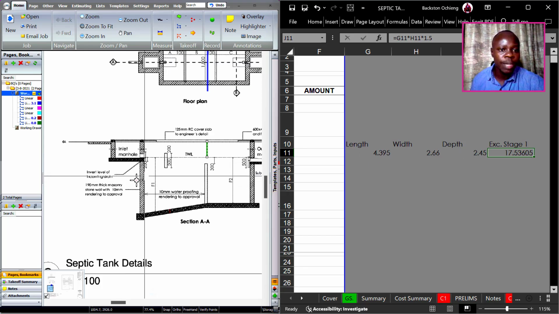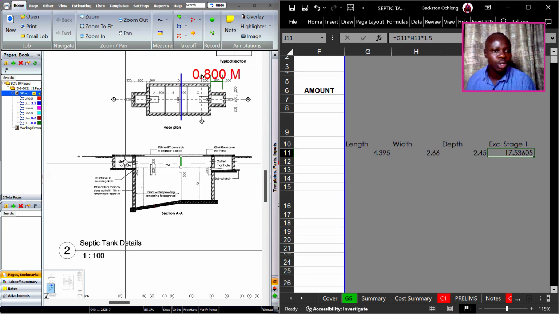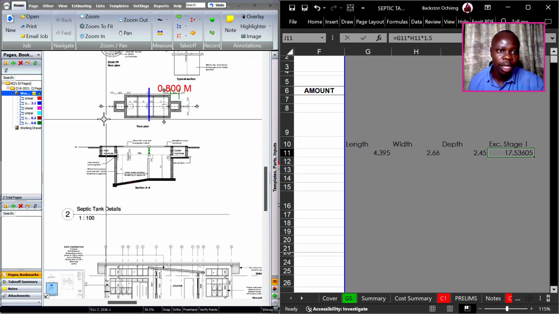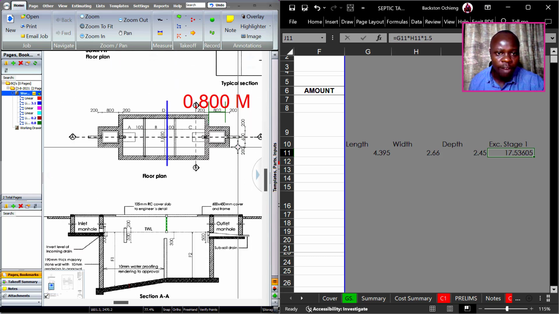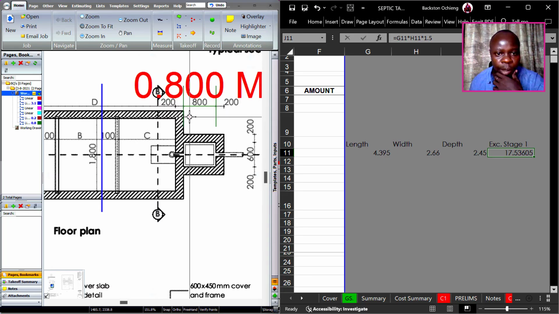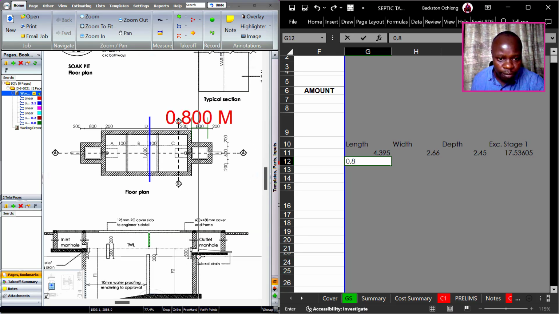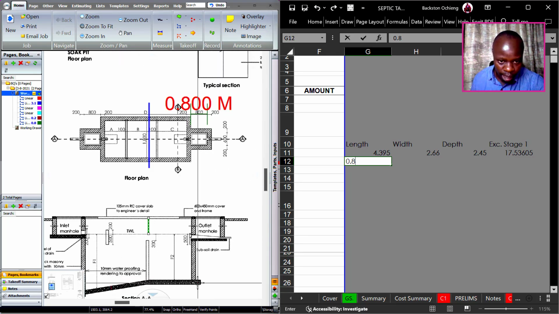And also, it's important to remember that for the first stage, we need to add the excavations for the manholes as well. Okay, so the manholes that we have, they are indicated here. Okay, the length is 0.8, but then you add the 0.2. Okay, so we'll have here 0.8. Of course, there is an allowance that we gave for excavation of the septic tank at the main one.